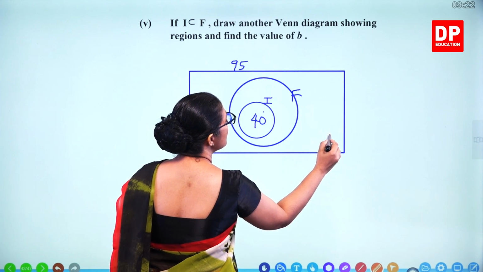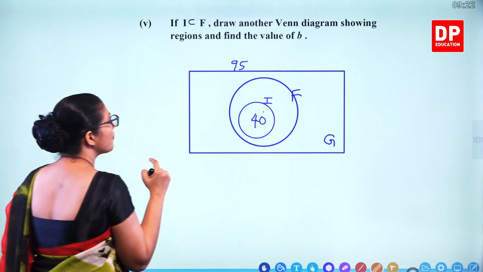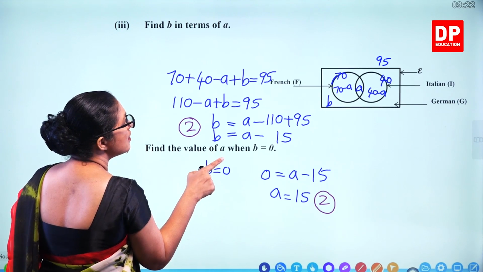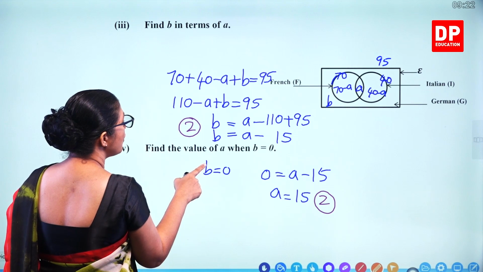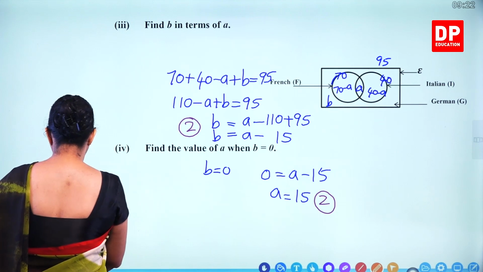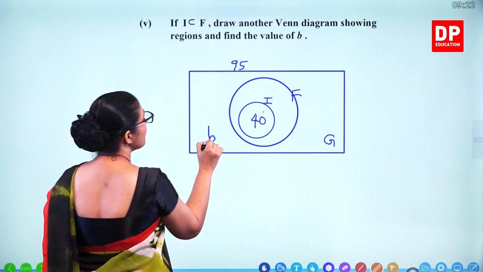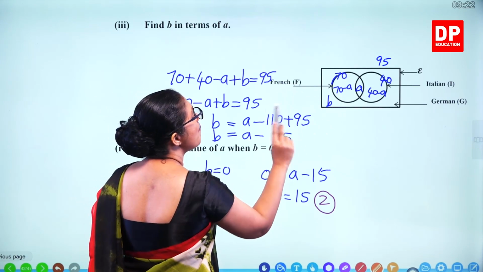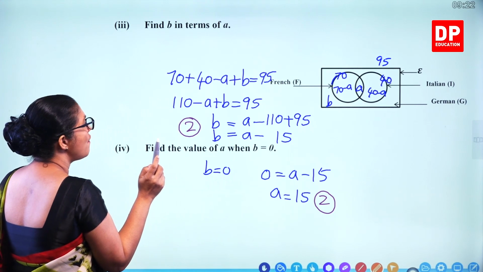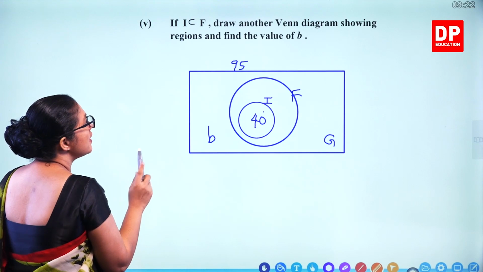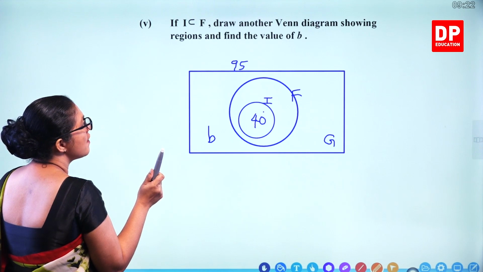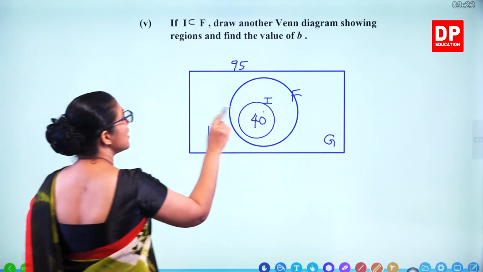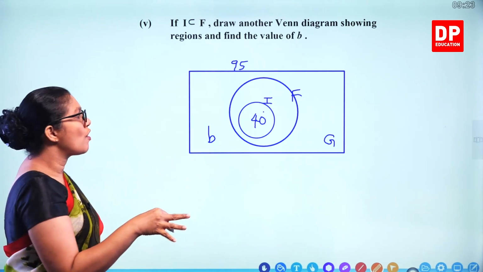So this is German. German, we found out that's B. And what's A? A is both Italian and French. So both Italian and French, that's A here. That now it's 40 because I is a subset of that.